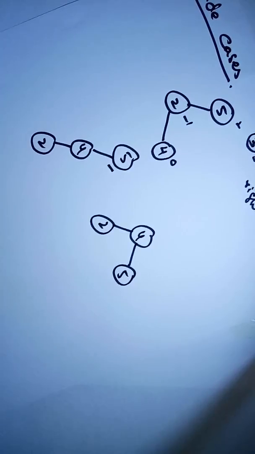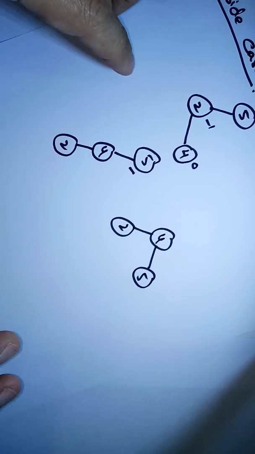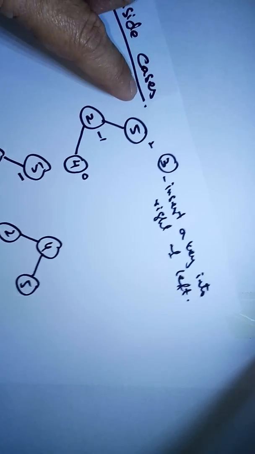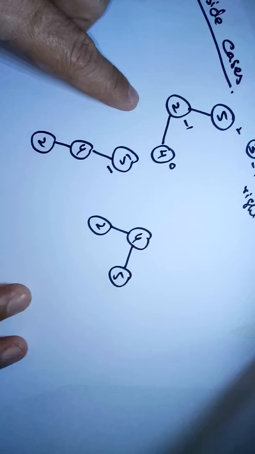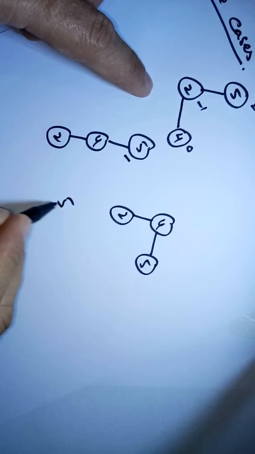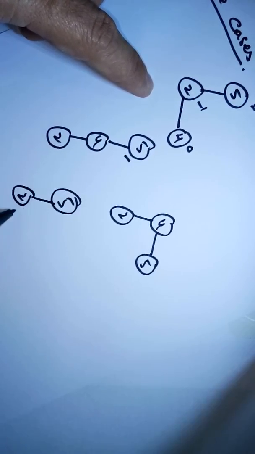But then you can solve it directly. How can you solve it directly? For example, if this is the scenario, let me redraw it here: 5, 2, 4.